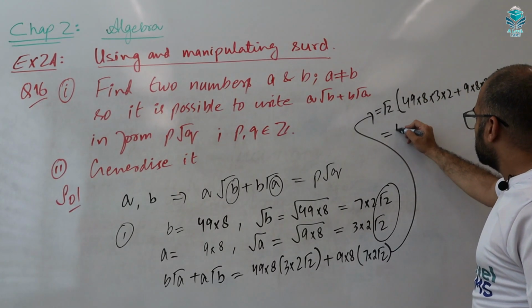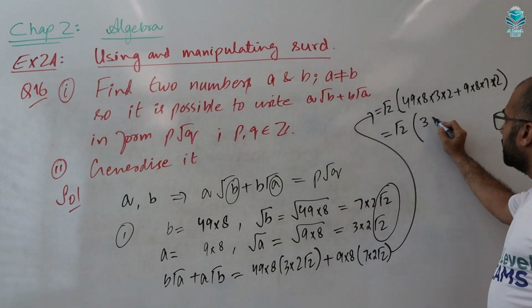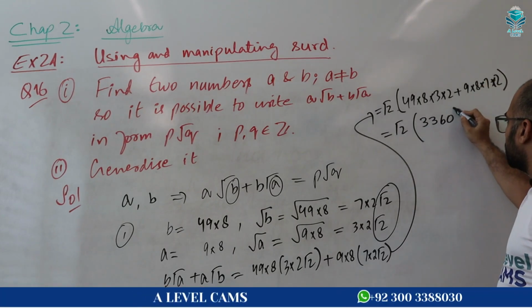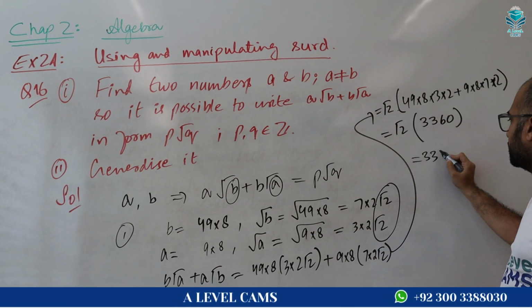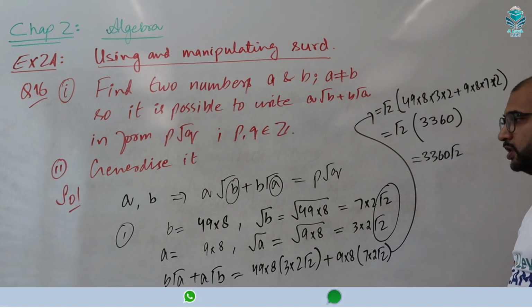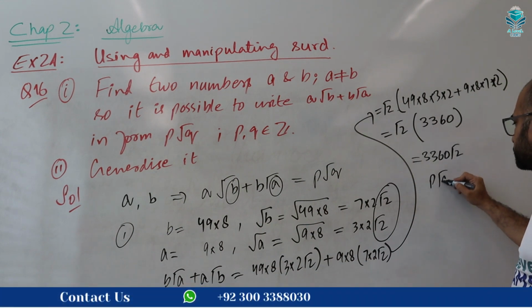So the sum is 3360 square root 2, which is in the form p square root 2.